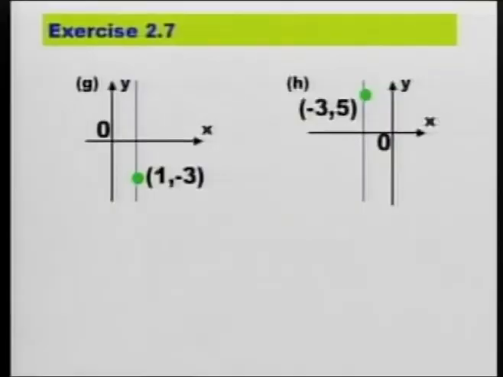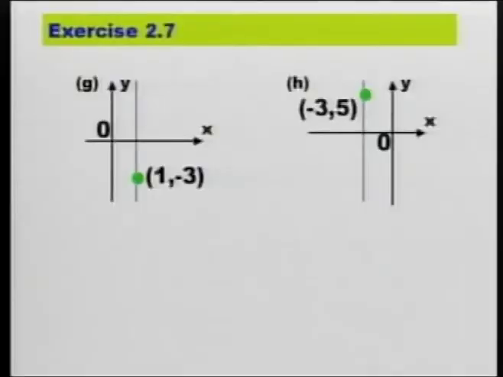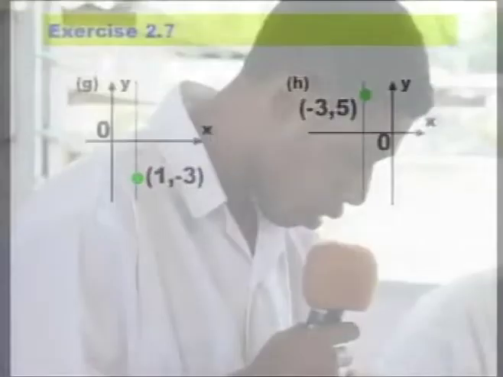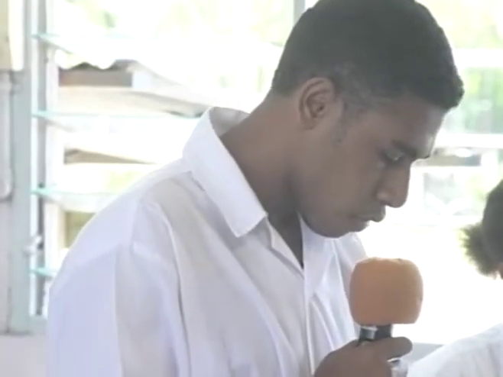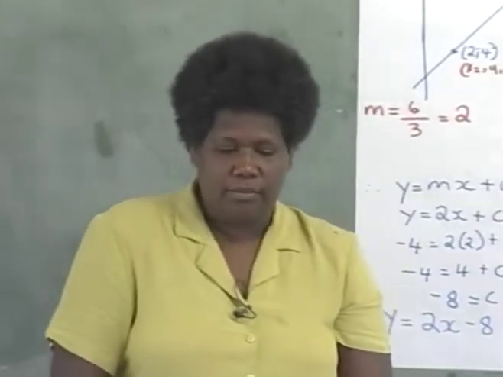G? Kiapin? x equals 1. And Gabriel, letter H? x equals -3. Okay. Now your turn, you have to do exercise 2.7, number 3.